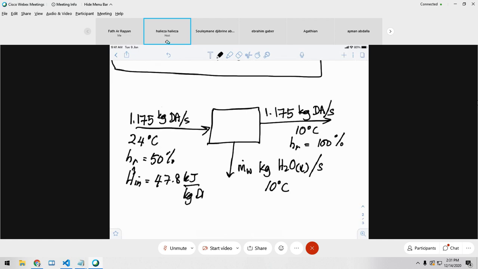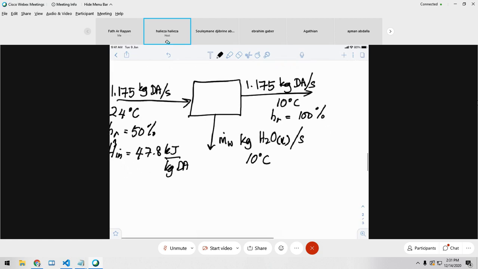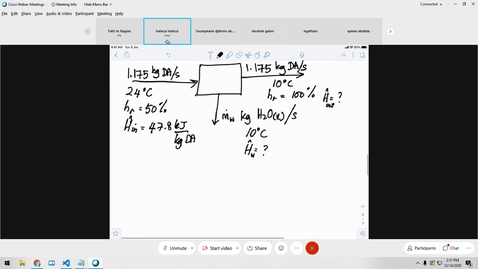And you need to find the enthalpy of the outlet air, and you need to have the enthalpy of your water. This is enthalpy of your air. This is enthalpy of your water. And we will do it using a table as we have been doing so far.